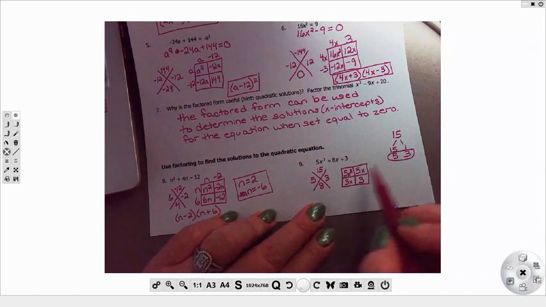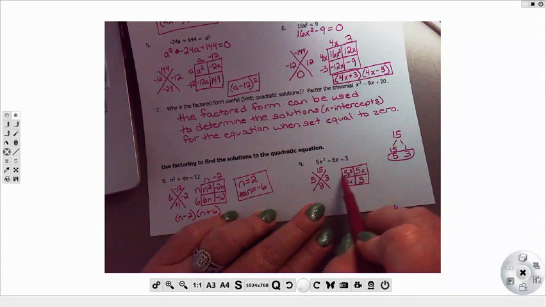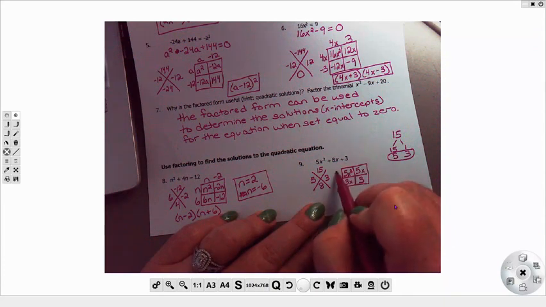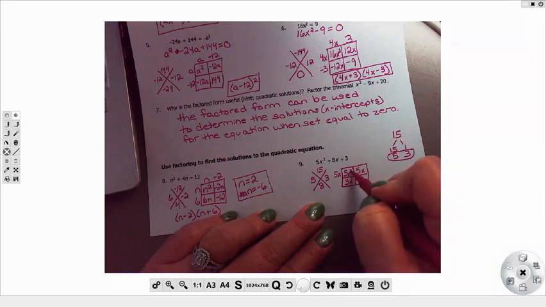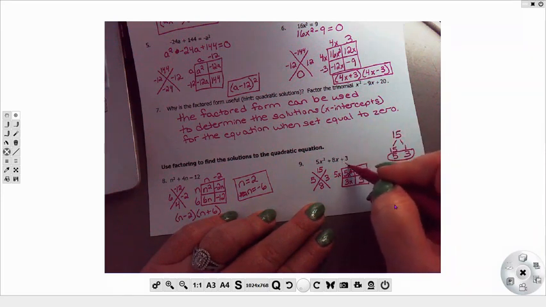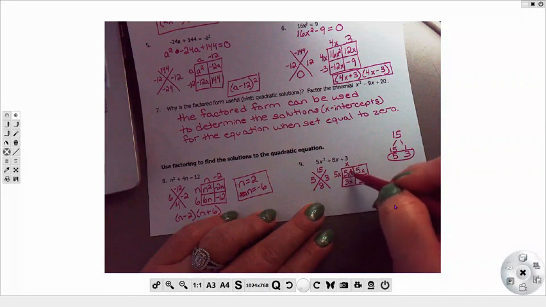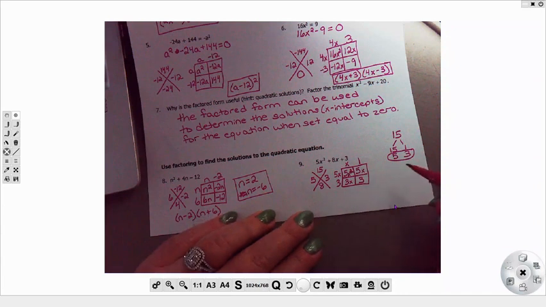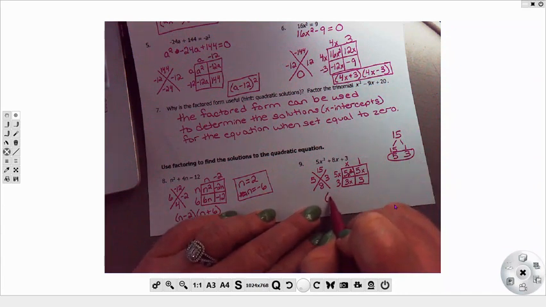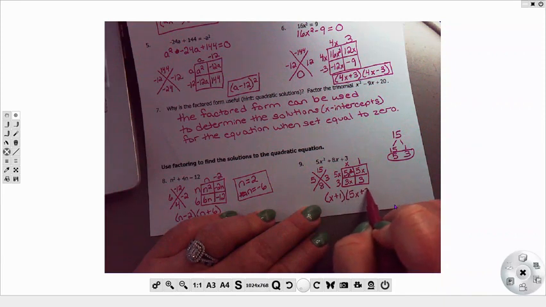All right, so if I look here, the only thing I can pull out is a 5 and an x. If I look here, the only thing I can pull out is an x, because 5x times x would give me 5x squared. 5x times what would give me 5x? 1. X times 3 would give me 3x, and 3 times 1 would give me 3. So my factors are x plus 1 and 5x plus 3.